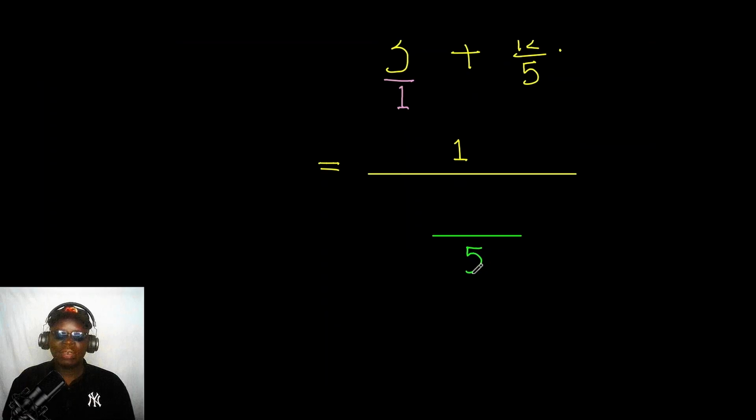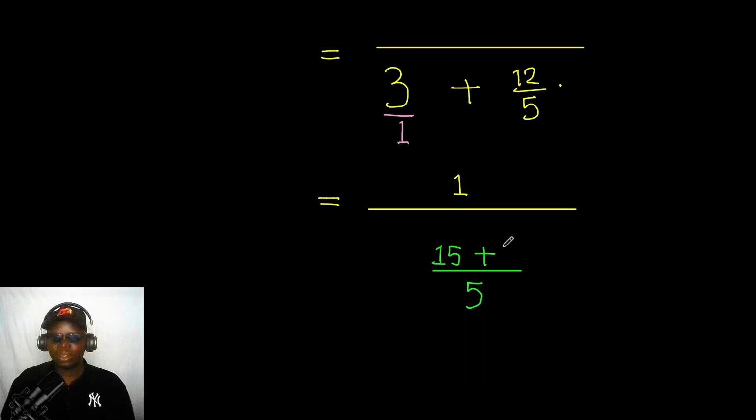So we're gonna divide 5 by 1, that is 5, and 5 times 3, we get 15. The sign in the middle is addition, so 5 divided by 5, we get 1, and 1 times 12 is also 12. So let's add this together before we have that division handle.